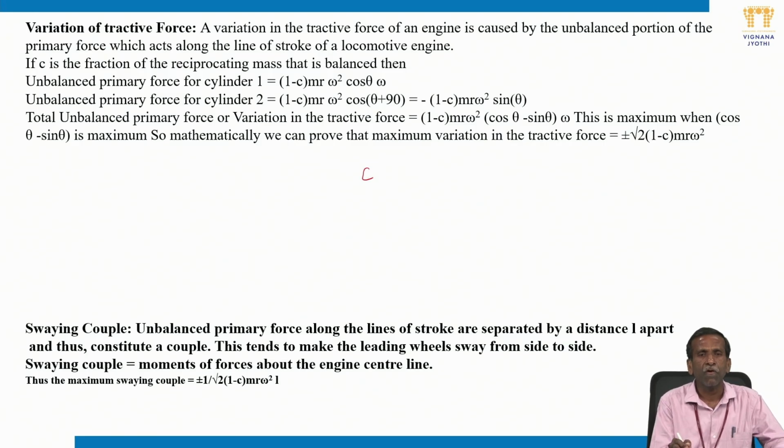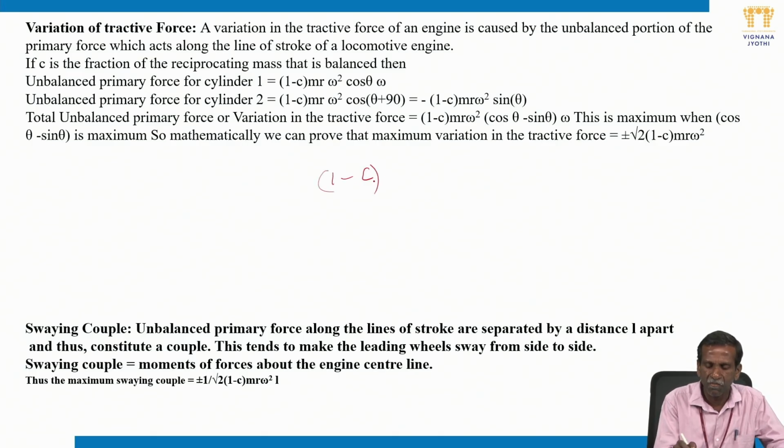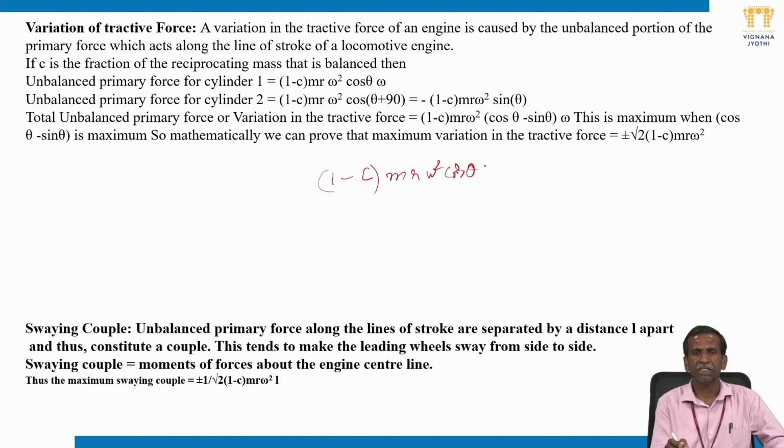Just discussed. Now coming to the unbalanced force on each cylinder. First cylinder, primary force per cylinder 1. Obviously, because c is the fraction of mass balanced, 1 minus c remains out of balance. That means the unbalanced primary force is (1 minus c) m r omega square cos theta. We are talking about primary forces.